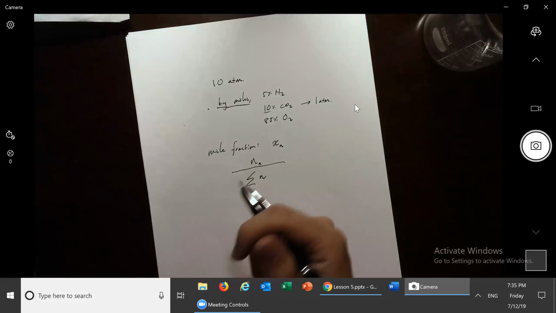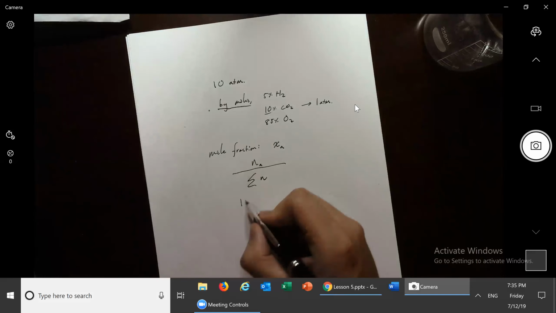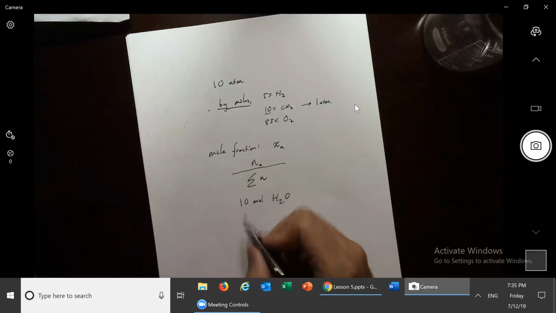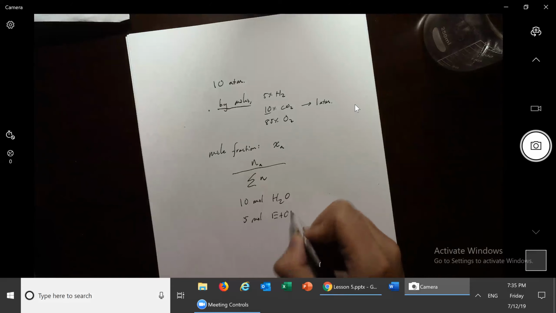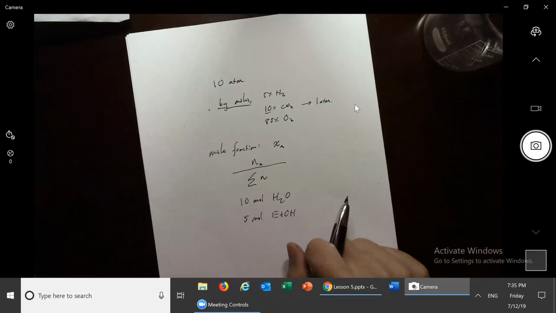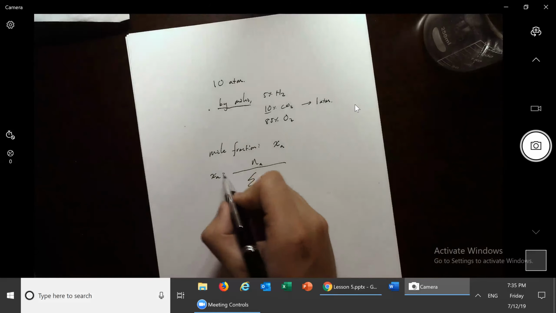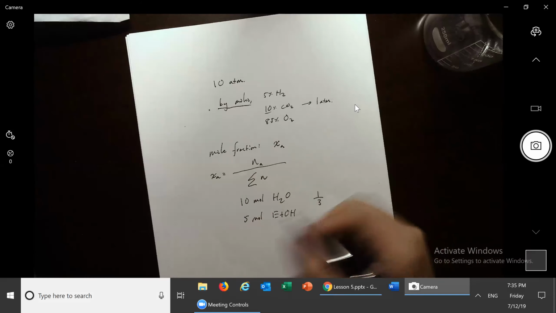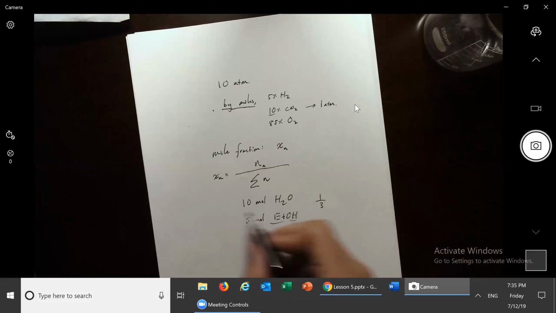So as an example, let's say we have 10 moles H2O and 5 moles of ethanol. Can someone tell me what the mole fraction of ethanol is? Yeah, great. It's just 1/3. So the moles of what you're considering divided by the total moles.